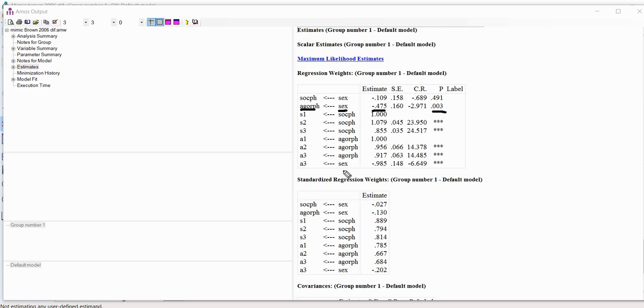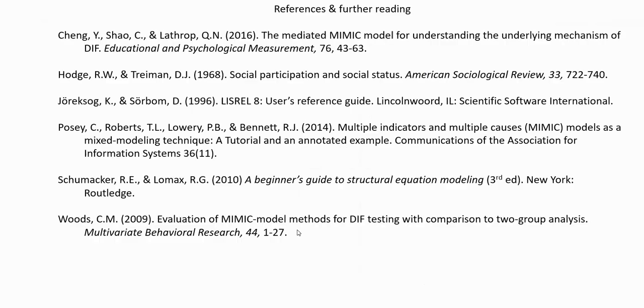And when we look at sex in relation to the A3 variable, we have the same situation where persons who are male scored lower on average than persons identified as female, and this is controlling for the agoraphobia latent factor. So that gives us some indication that we have differential item functioning with respect to the A3 variable.